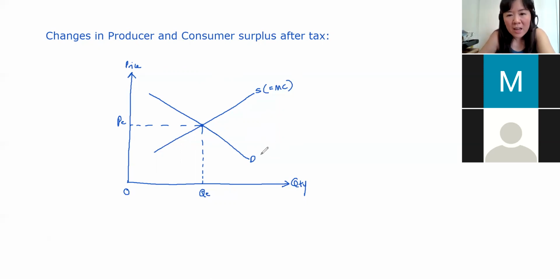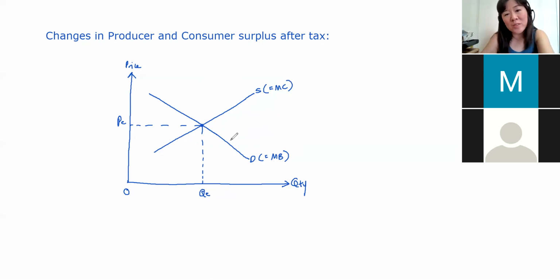Or you can think of demand as the marginal benefit, which represents the additional benefit to the consumer when they consume an additional unit of the good. So you can see supply and demand this way as well.